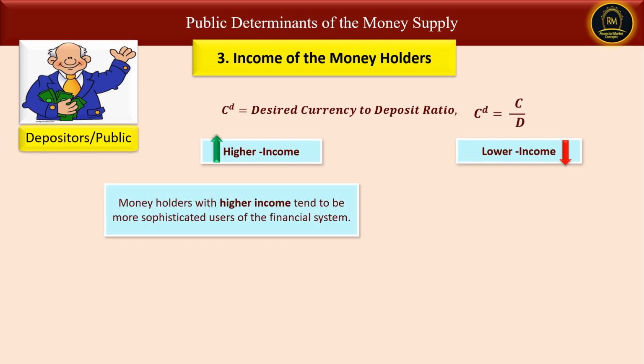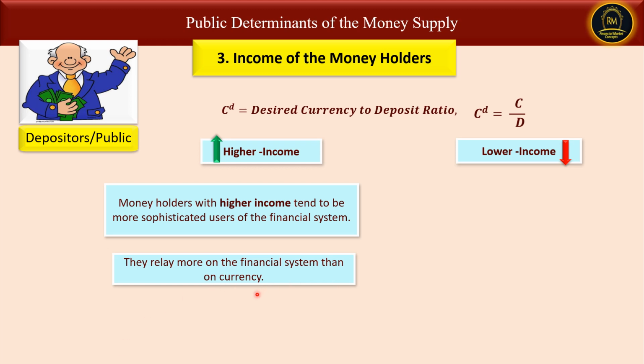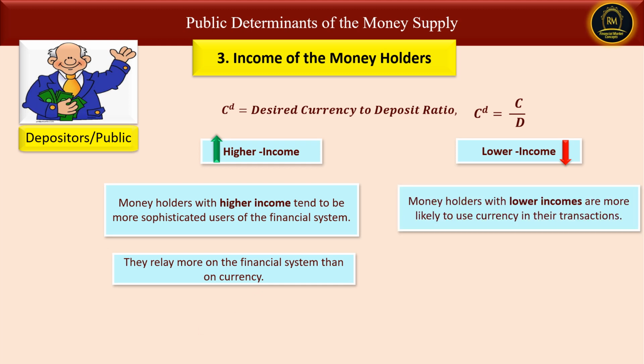If we talk about the high income group, money holders with higher income tend to be more sophisticated users of financial systems like banks and financial intermediaries. They rely more on the financial systems than on currency for their transactions. Whereas money holders with lower incomes are more likely to use currency in their transactions.